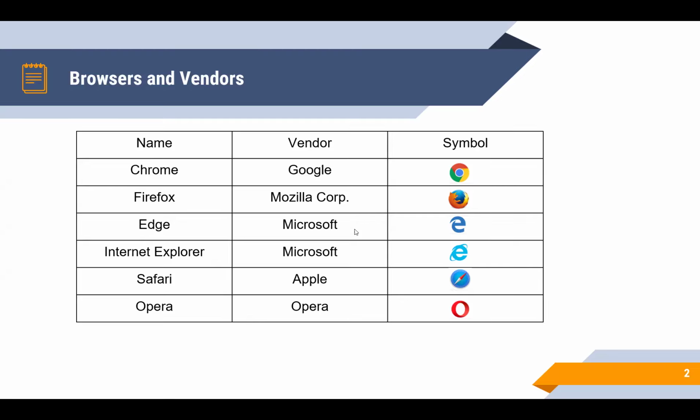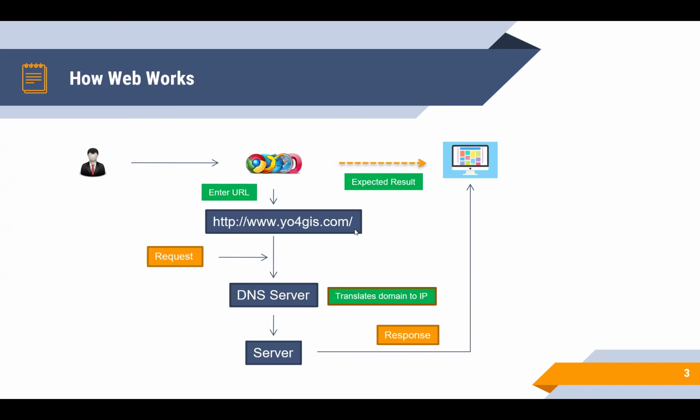For us, we just put in the URL and press enter, and we are able to see the website. But ultimately, when we access any website, there are many things going on inside the browser, so we need to understand the main components and how things work. Here, the browsers and vendors, I think we are able to understand.